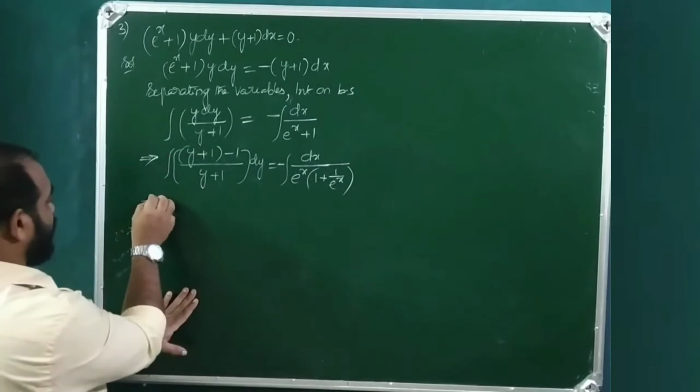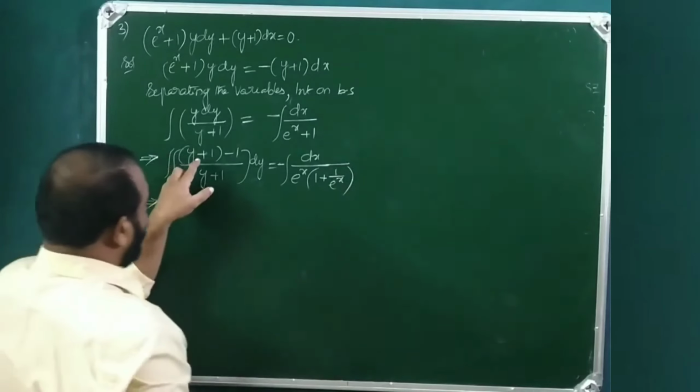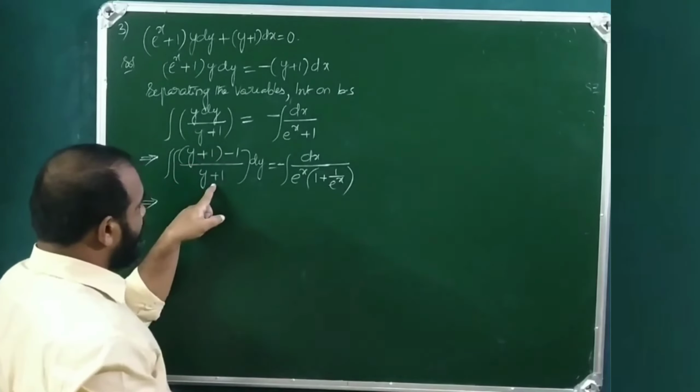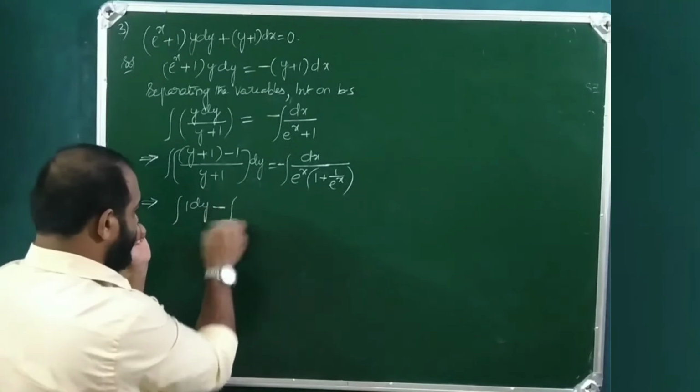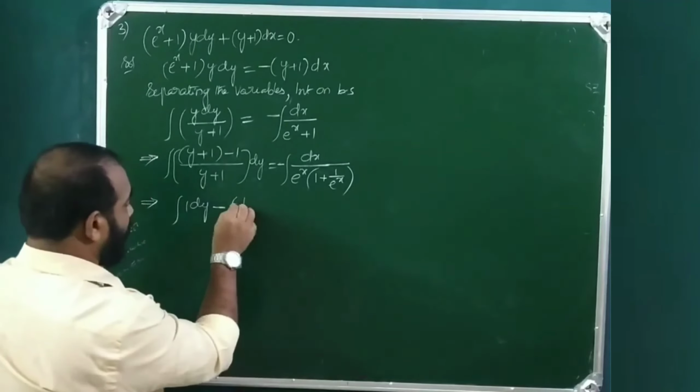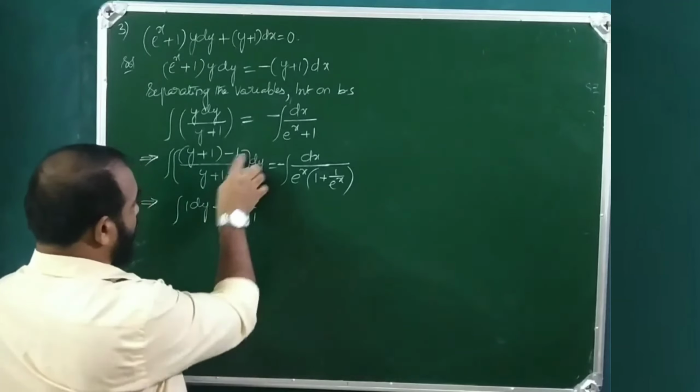This is equals to y plus 1 by y plus 1, so 1 dy, minus 1 by y plus 1 dy.